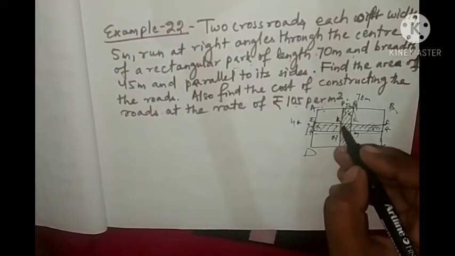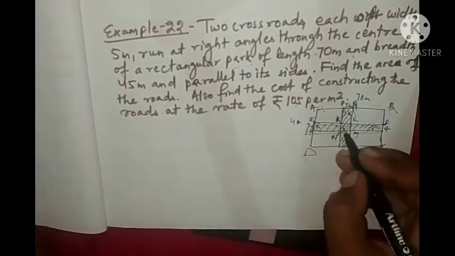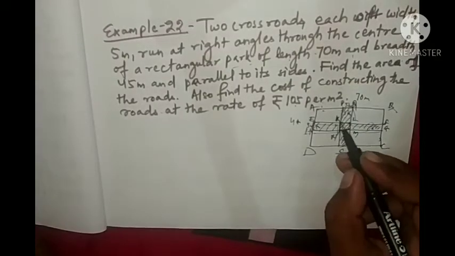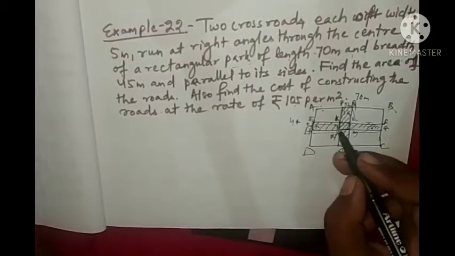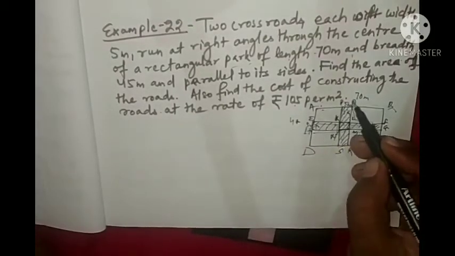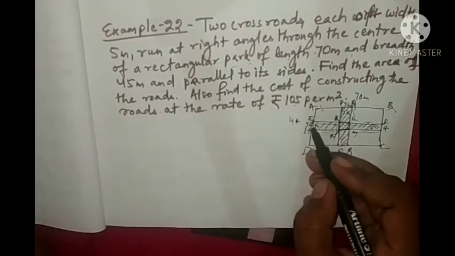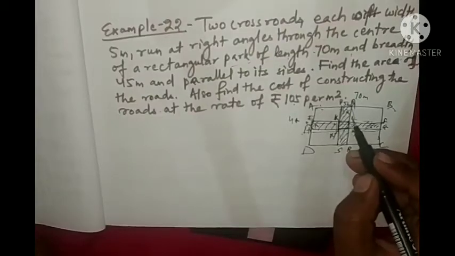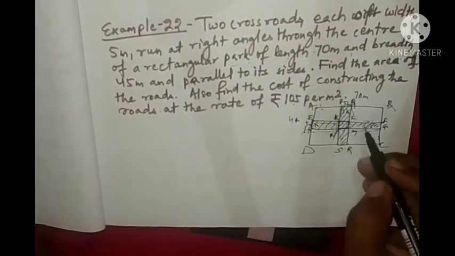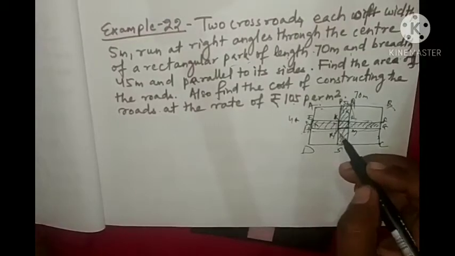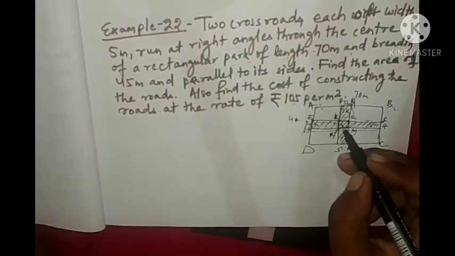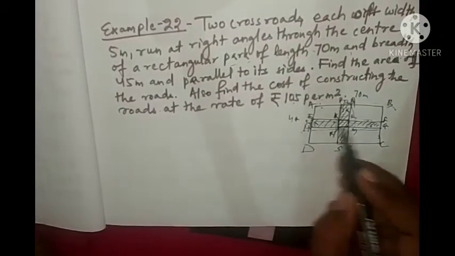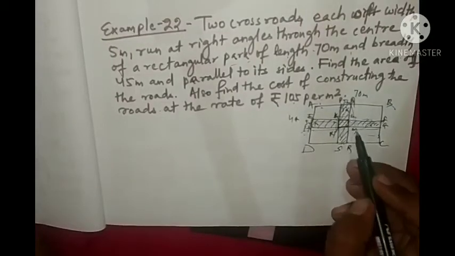But when finding both areas, we see that this area is coming twice. So we add the area of PQRS plus the area of EFGH and subtract the area of KLMN once, so that it is not repeated twice. For this we have to find the length and breadth of PQRS, of EFGH and of KLMN.